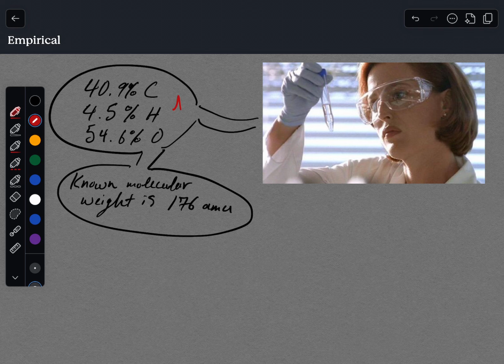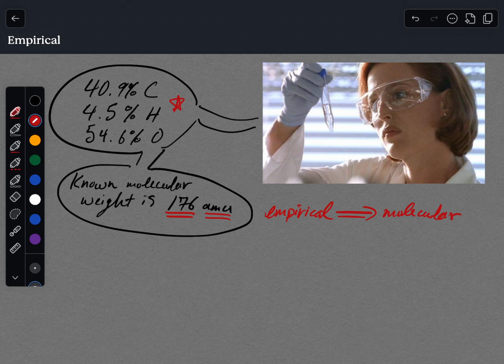Okay, so that's this information. But we also know that the molecular weight should be 176 atomic mass units. And we're going to see how this information will influence us taking an empirical formula and translating it into a molecular formula.